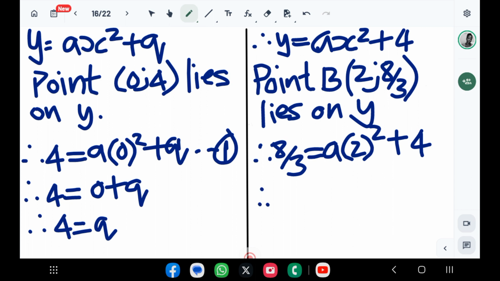Now that is 8/3. Take the 4 to the left hand side: 8/3 minus 4 equals a times 4.